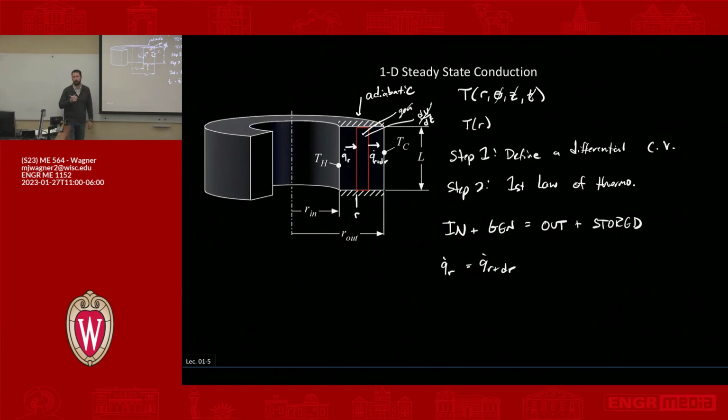We're talking about a conduction area in the R direction. It's not dr, because we aren't conducting vertically. We're conducting in the R direction, so the area available for conduction is the length times the circumference of the cylinder.